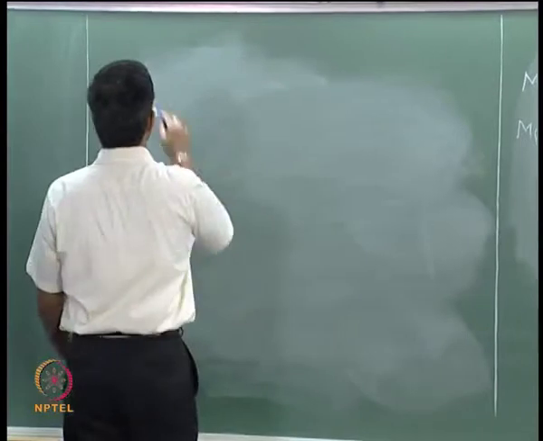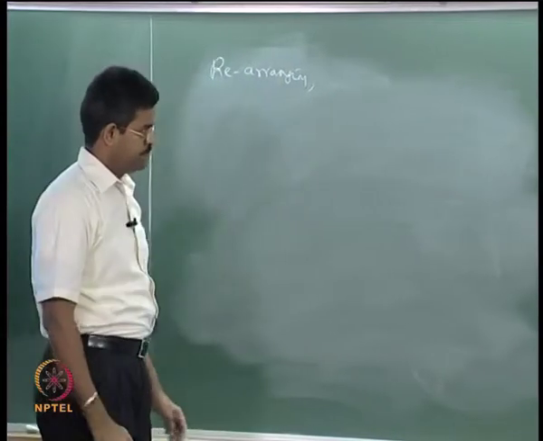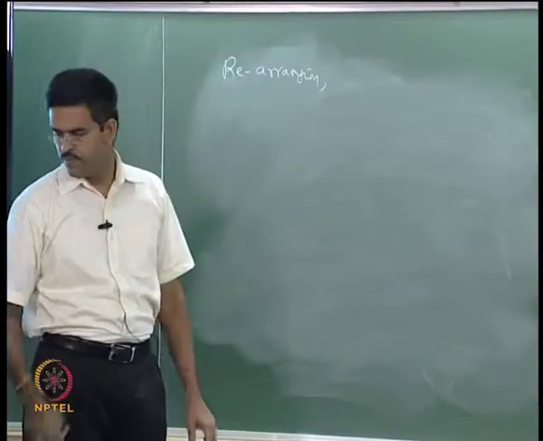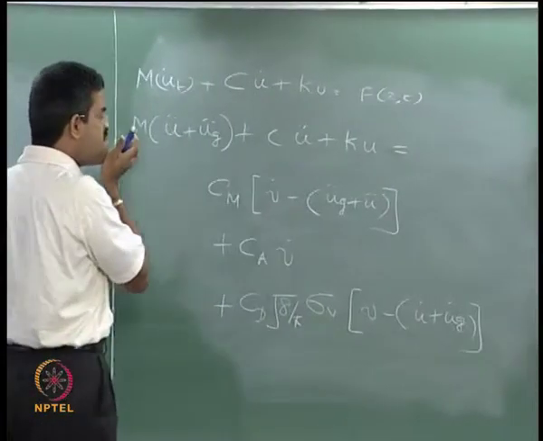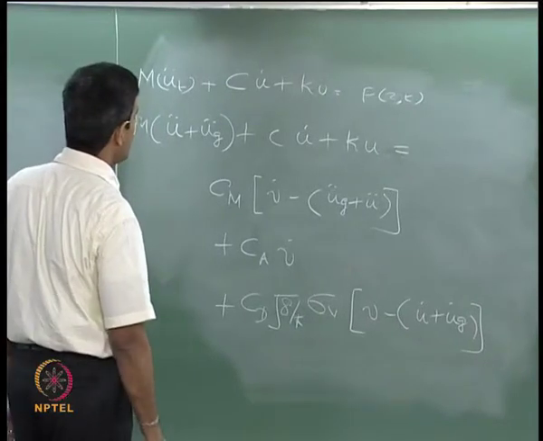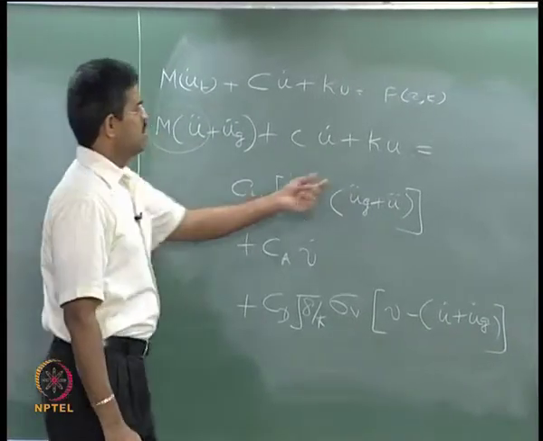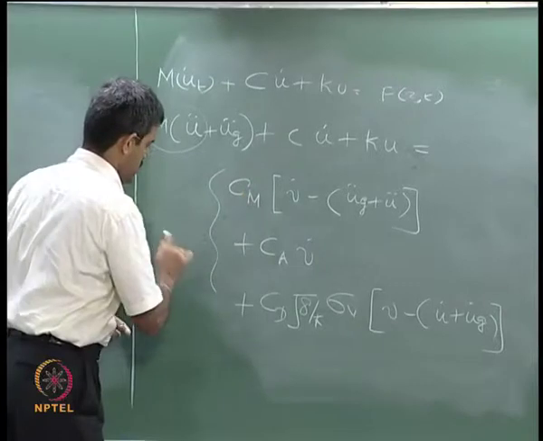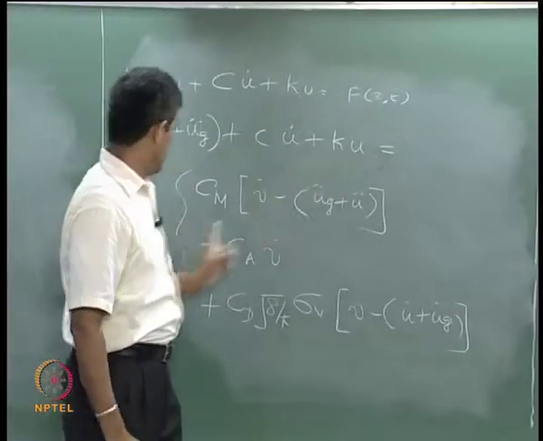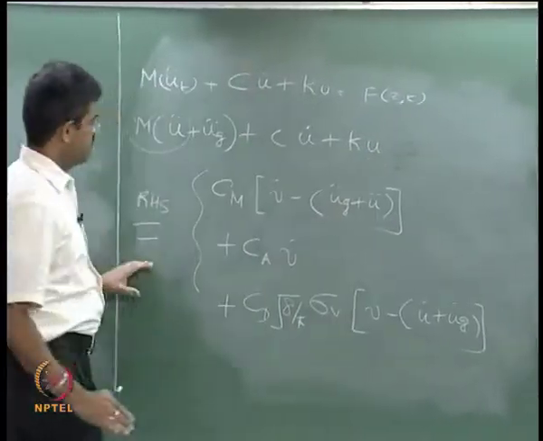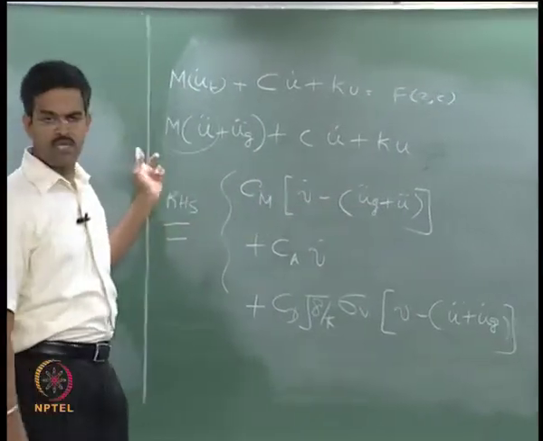I rearrange these terms, rearranging, so M plus, of course this is on the right hand side, equal to, this is RHS, this is LHS, there is an equal to sign here. I just remove this, write it here. I bring this term to my left hand side.